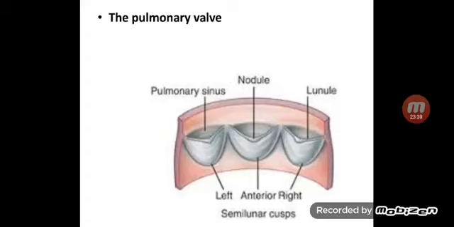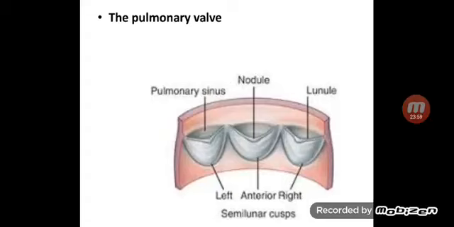Pulmonary valve. The pulmonary valve guards the pulmonary orifice, right? It consists of 3 semilunar cusps. It is formed by folds of endocardium with connective tissue. So the same structure: any valve, as I said, is formed of folds of endocardium with connective tissue.